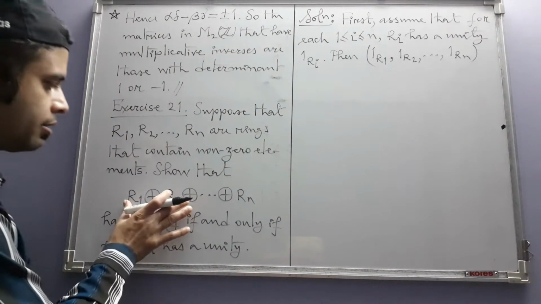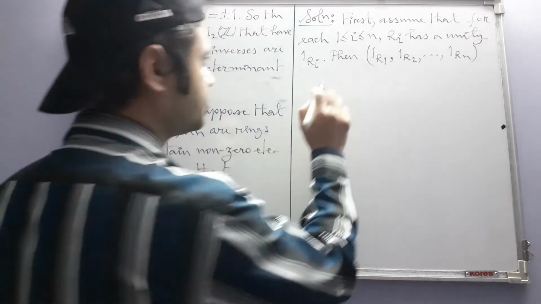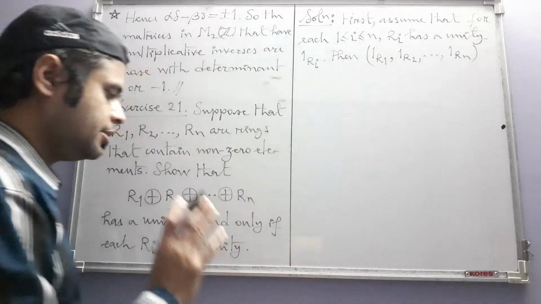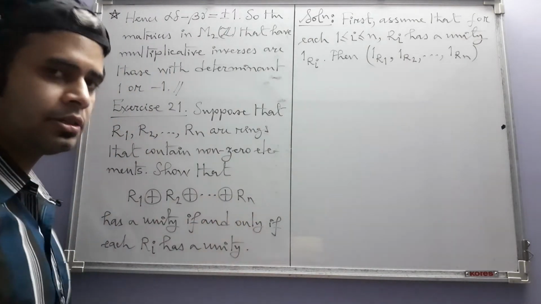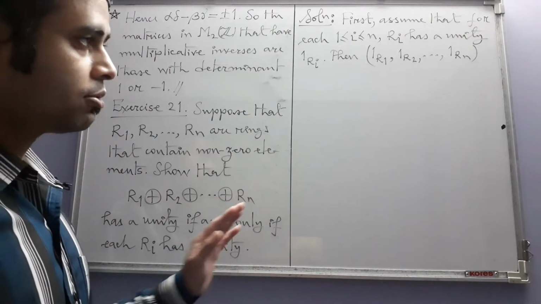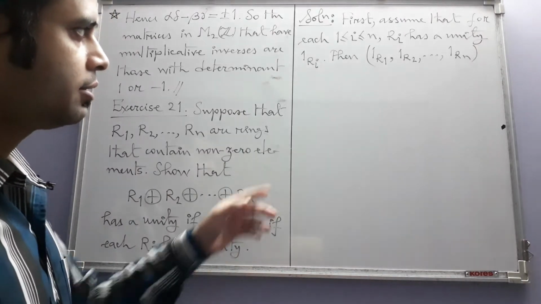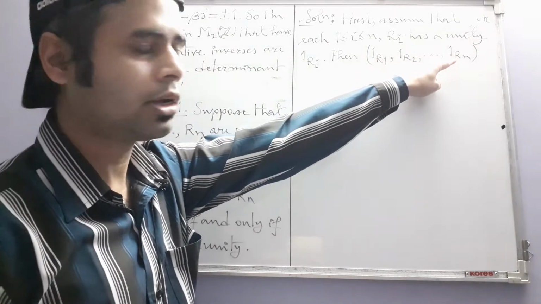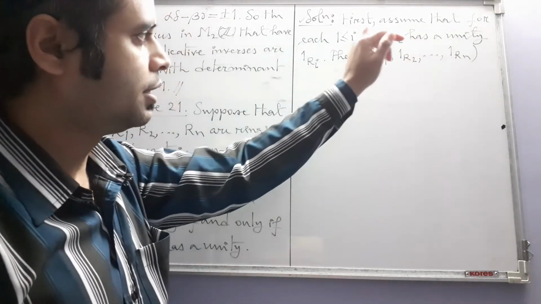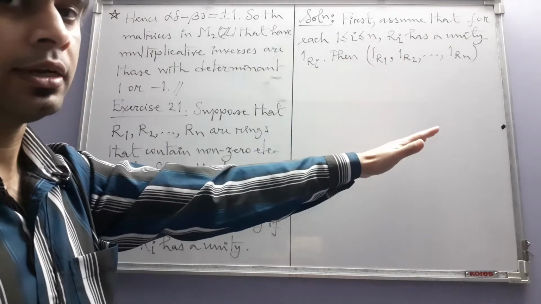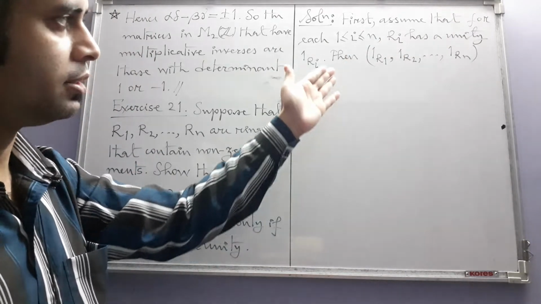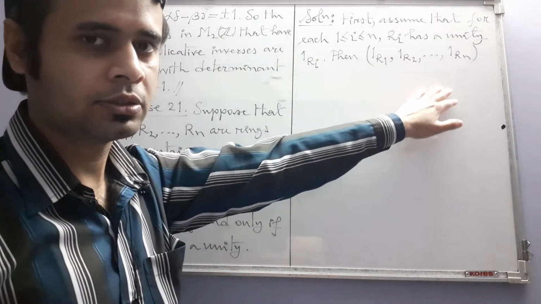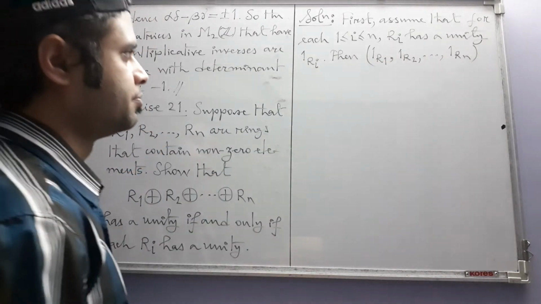This element is an element in the direct sum, and besides being an element in this direct sum, it is also a non-zero element. In fact, every component of this element, if we call these individual entries components, is a non-zero element in the corresponding Ri. Why? Because each one is a unity, so by definition each one is non-zero.